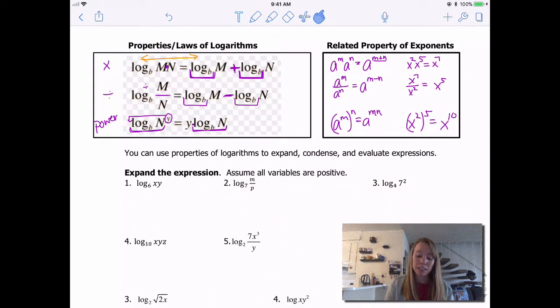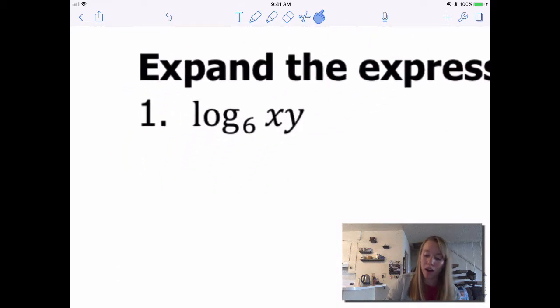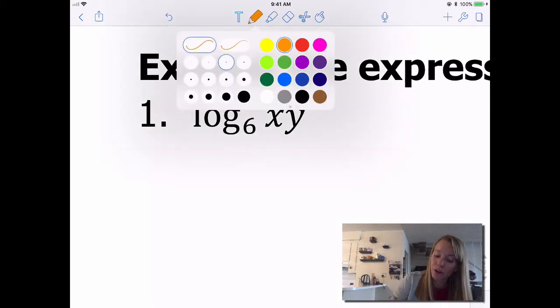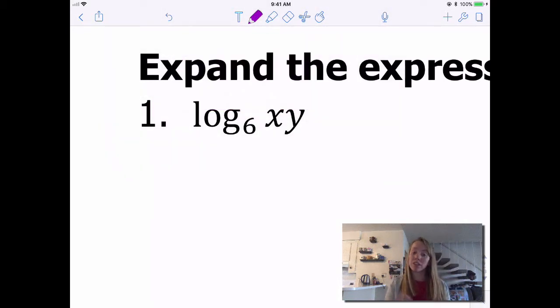If I want to expand the expressions, that means I'm starting over on the left side, and I want to get to a more expanded version. So I have log base 6 of x and y. The first thing I want to know is, am I doing the multiplication, the division, or the power rule? These two are multiply. Multiplying goes with adding.